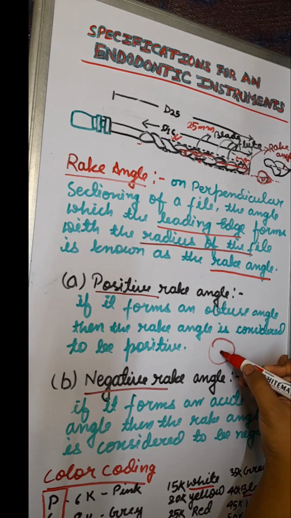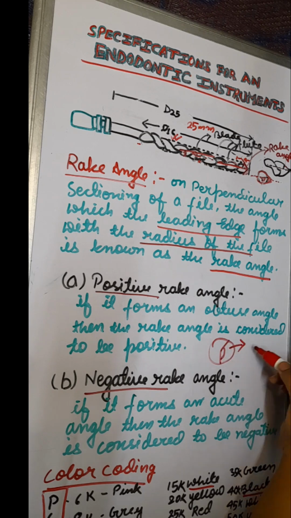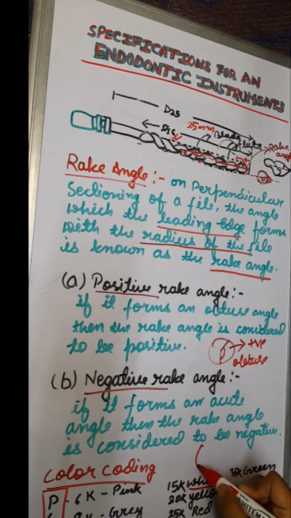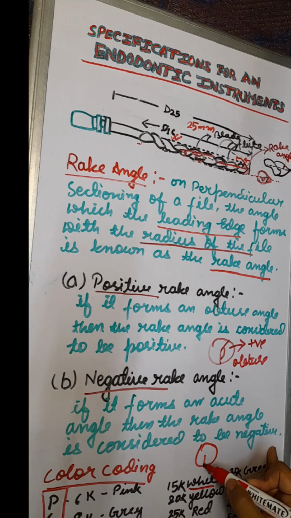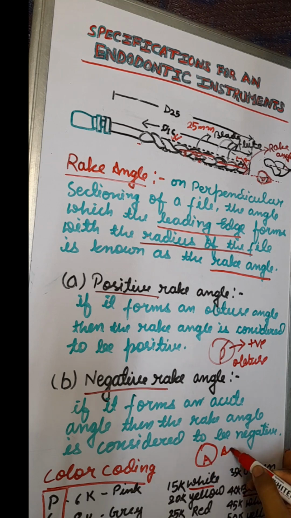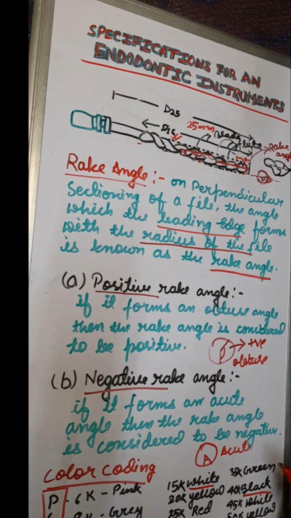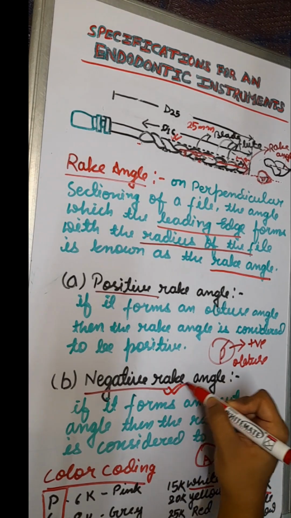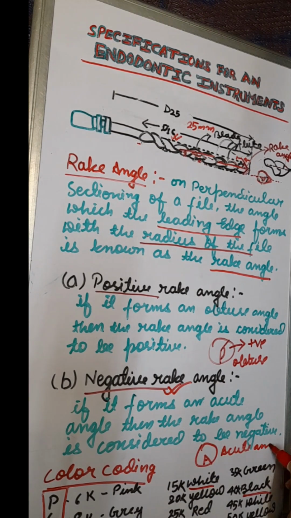When the rake angle is obtuse angle, then it is known as positive. When it is acute angle, that is less than 90 degree, then the rake angle is negative, negative rake angle.